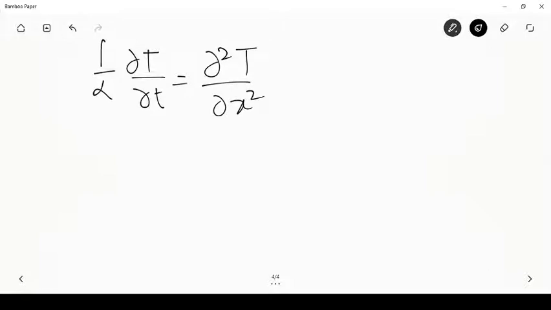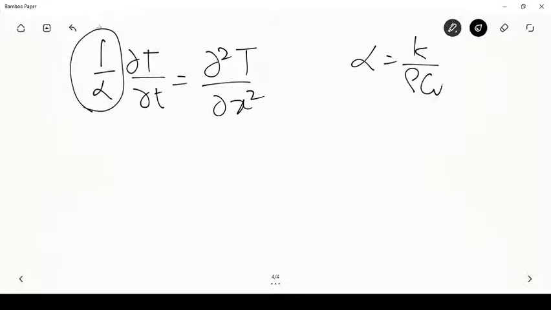The body is one-dimensional and the properties are constant. So the k that has come out from the right hand side and the rho c that came out from the left hand side combined together to give this 1 by alpha, where alpha is the thermal diffusivity of the medium. Okay. So alpha is k by rho c_v. This is something that we had looked at last class. This is called the thermal diffusivity.